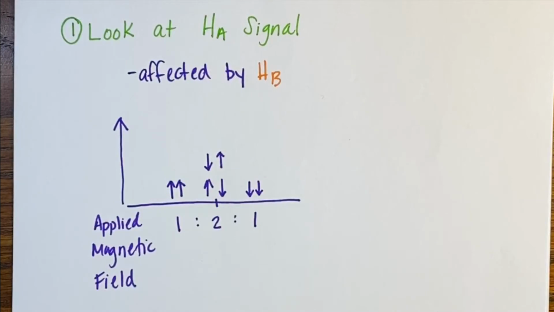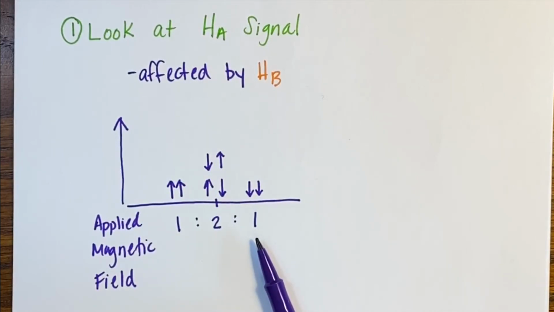So overall, our protons that experience this impact by HB will have a shift that's a little higher than what they would feel just due to the applied magnetic field. Our protons that see this impact by HB would feel the same effect of the applied magnetic field. And our protons that see this effect by HB are going to see a magnetic field that's a little lower than the applied magnetic field. So we have three ways that HA can experience a magnetic field.